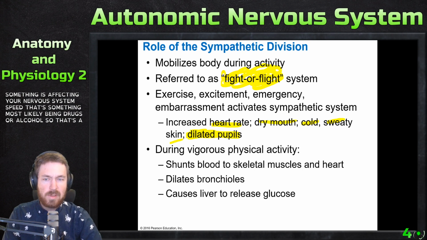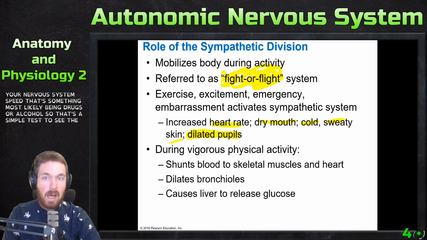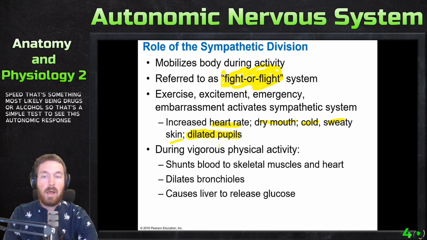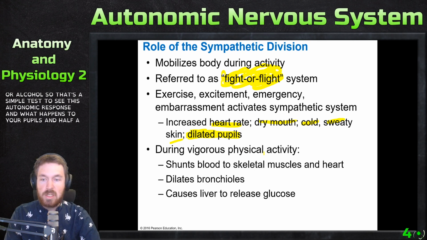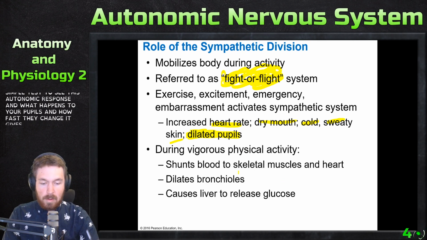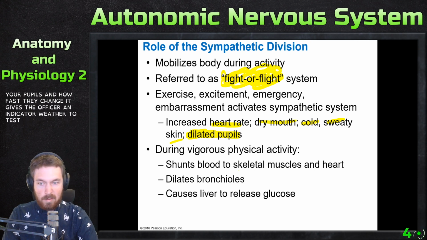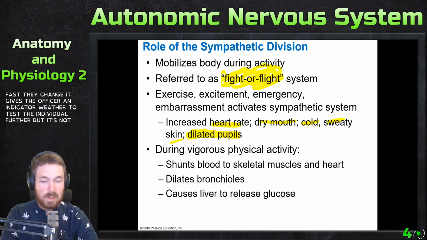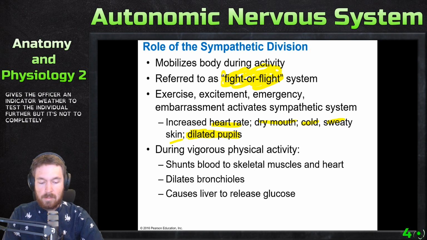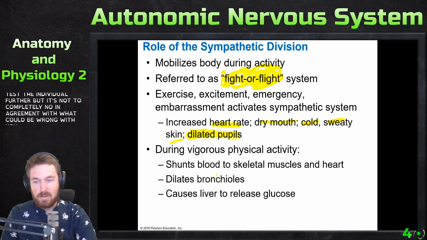So that's a simple test to see this autonomic response and what happens to your pupils and how fast they change. It gives the officer an indicator whether to test the individual further, but it's not completely in agreement with what could be wrong with the individual.